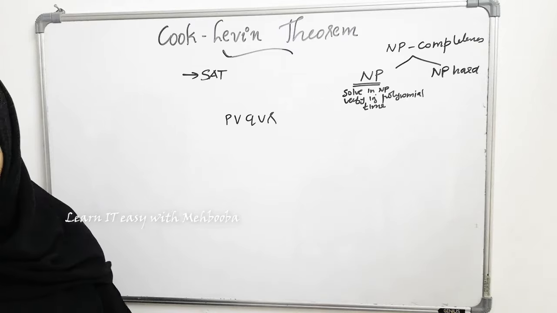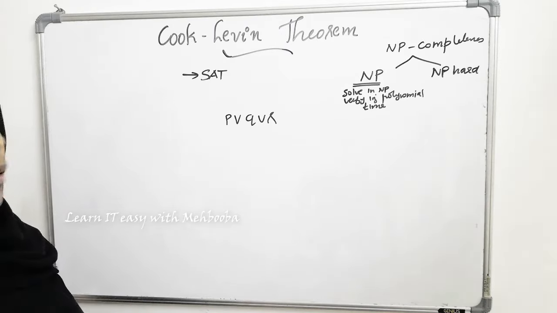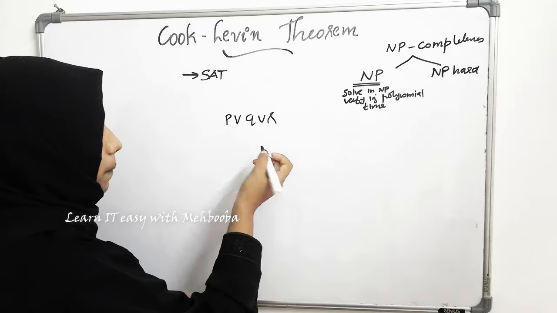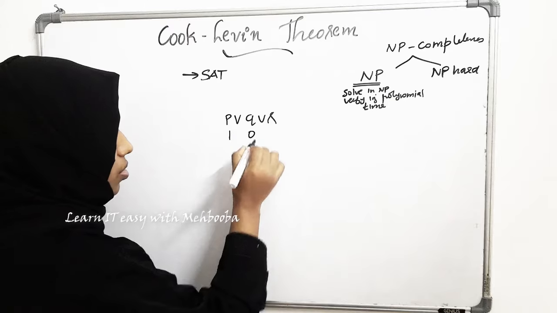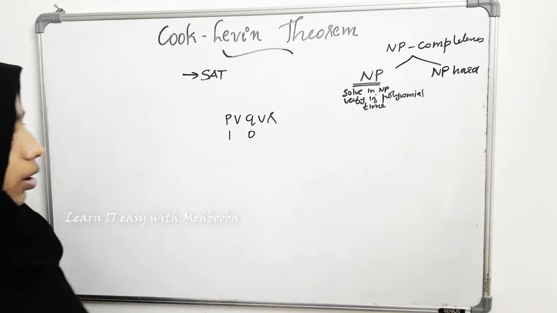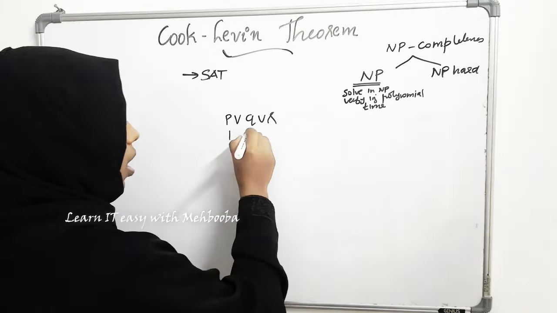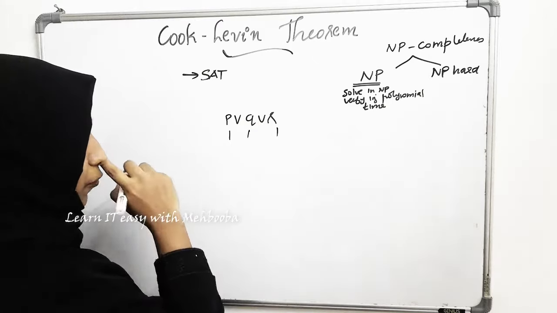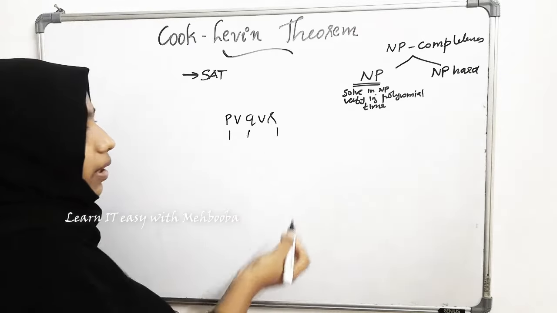If at least one of the assignments gives a 1 or true in the output, that formula is said to be satisfiable. For example, if it is PQR, you can give 1 to all the 3 variables and check whether it is satisfiable. This may not be the whole formula, it can be longer.